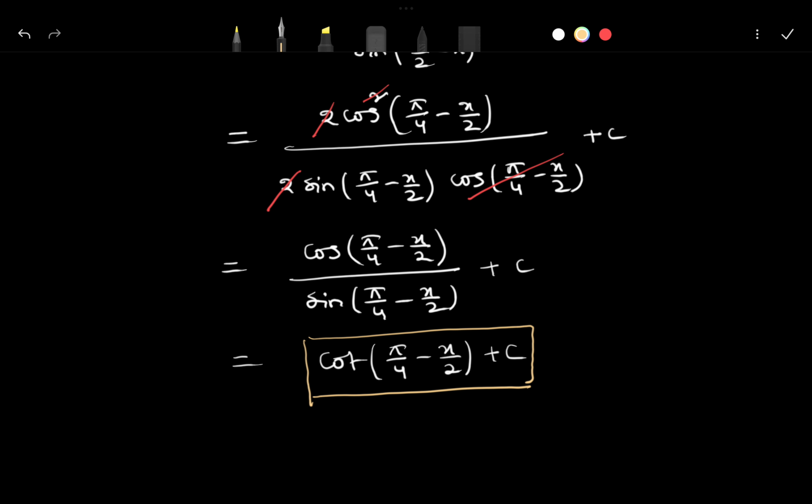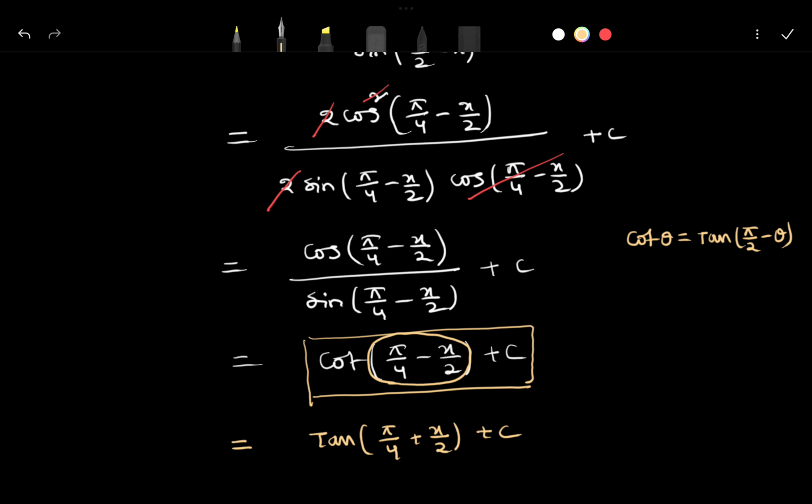And suppose you see one more result you can write. Let this be cot theta. You know cot theta can be written as tan of (90 minus theta). By using this formula, you will get another expression: tan of (90 minus this value), that is tan of (45 plus x by 2), plus c.